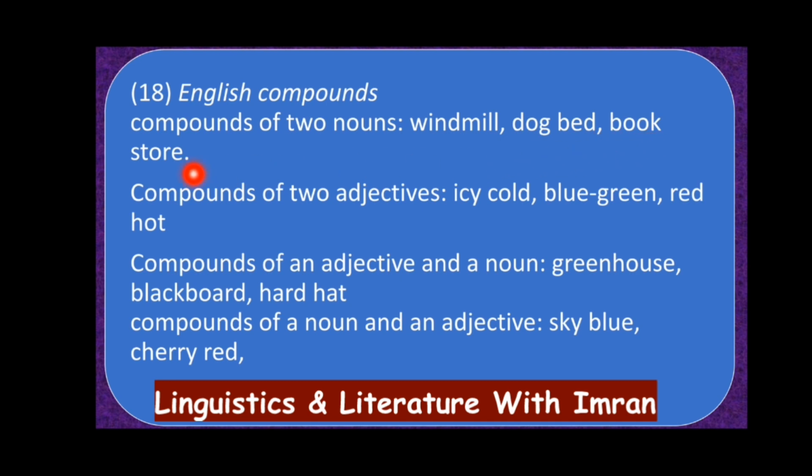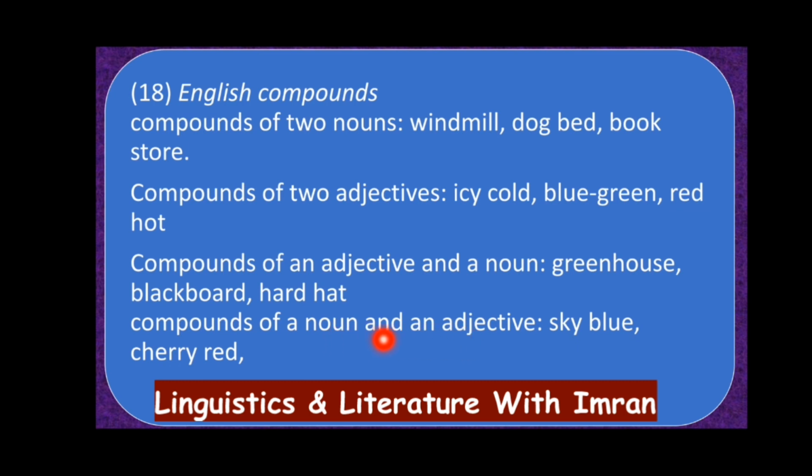And bookstore is also spelled as two words, right? Compounds of two adjectives, for example, ice cold, blue-green, and red-hot. Compounds of an adjective and a noun, like greenhouse, blackboard, hot hat. Compounds of a noun and an adjective, like sky blue and cherry red.